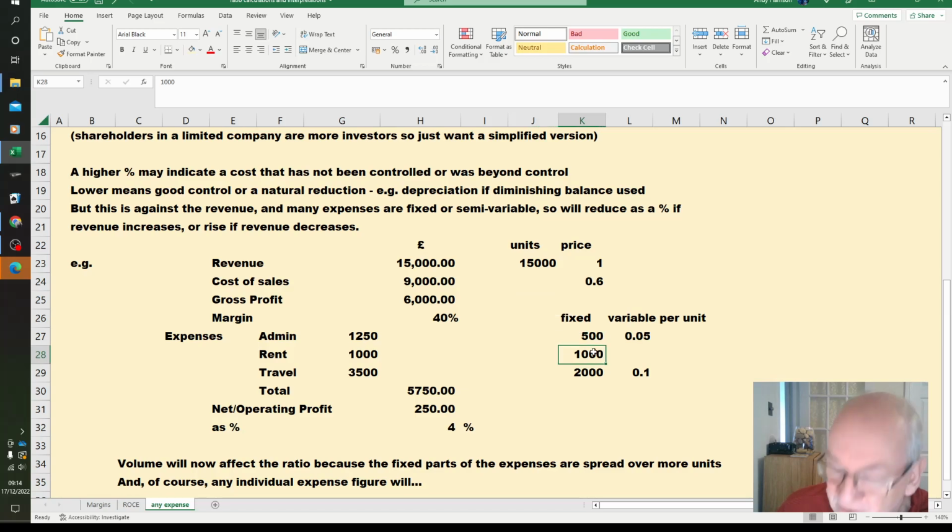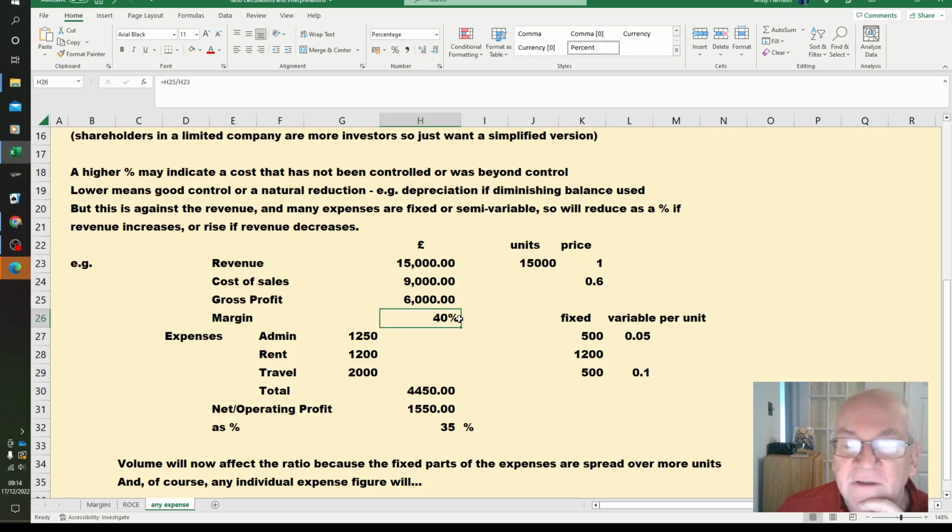If our rent goes up, doesn't affect the gross profit margin, but it will reduce the operating profit margin. If we get fed up with sticking in traffic jams and buy a bike, operating profit can go up. But of course the gross profit margin hasn't changed because it's below the line.